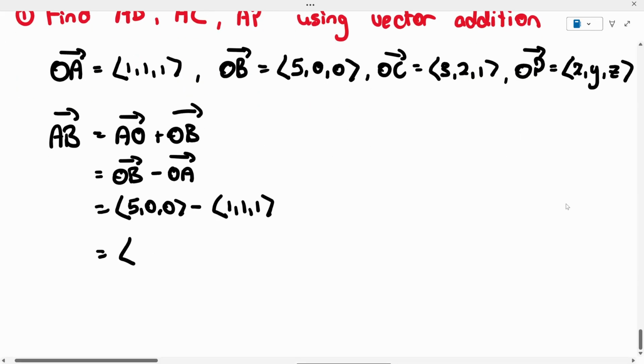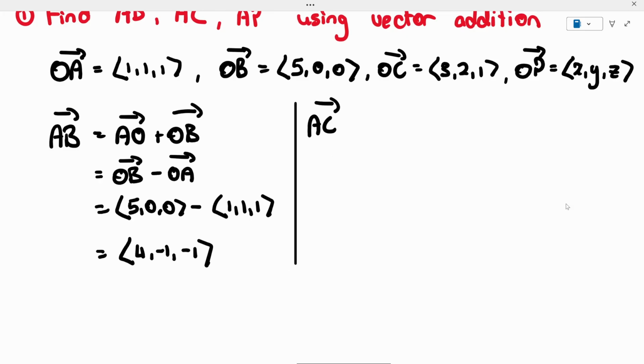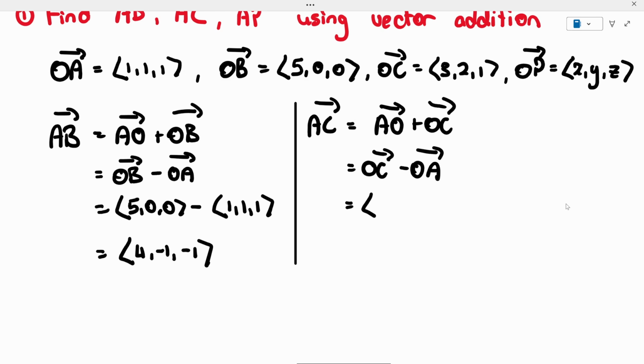That will give us 4, minus 1, minus 1. Right. AC is AO plus OC, it's OC minus OA, which is 3, 2, 1 minus 1, 1, 1, 2, 1, 0.